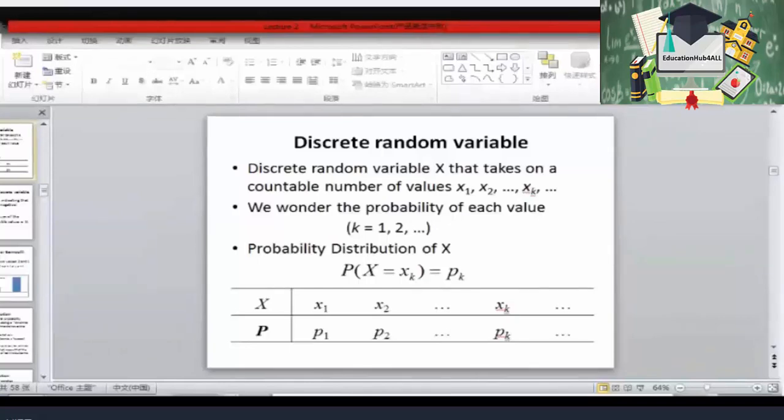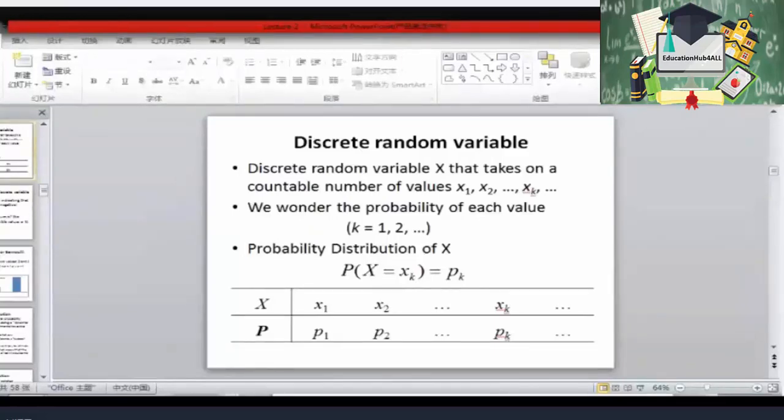And this probability, as I said, is accumulative. This value is the probability for the value equal to 3 or below. This one is the probability for the value 4 or below.